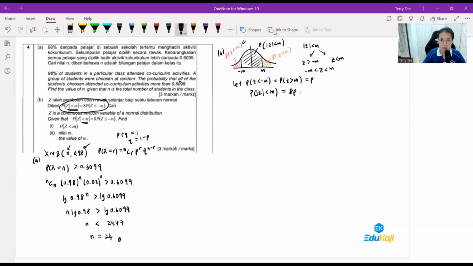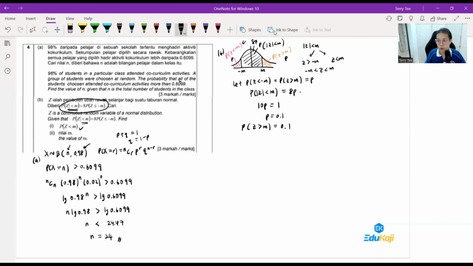If you add up, this is 1P here, this is 1P here, this is 8P here, your total is going to give us 10P. So if 10P is 1, P is 0.1. And what is P? P is the probability of Z more than M, or you can write less than negative M. Here I'm going to use more than M, and the result is 0.1.